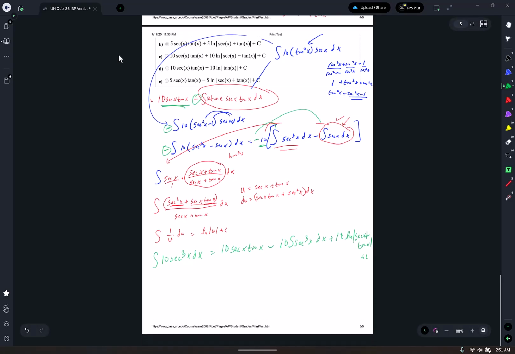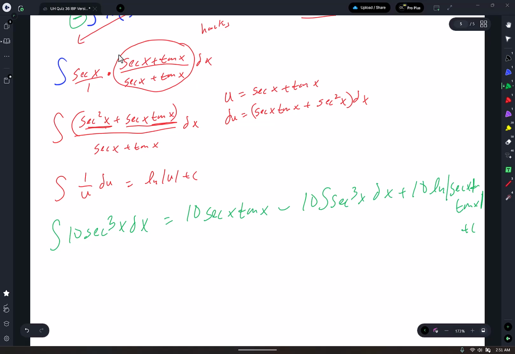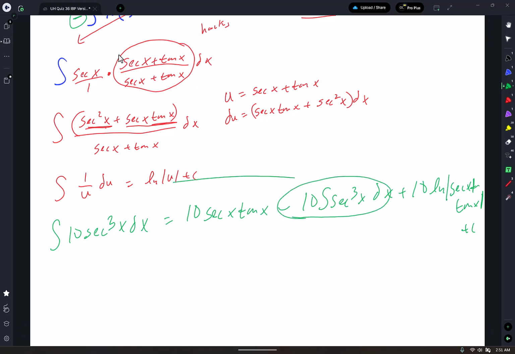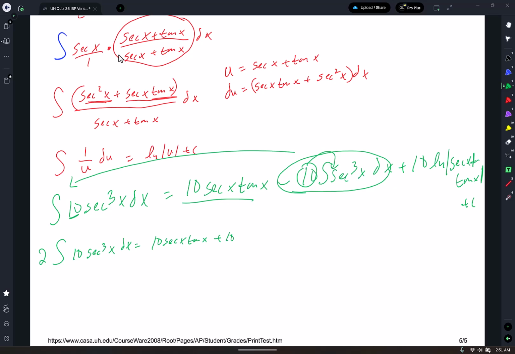All right, so let me zoom in. I'm going to send this guy over here. So you can put that 10 on the inside there. Now you're going to have two of those, just like before, right? 2 of the 10 secant cubed x dx equals 10 secant x tan x plus 10 ln absolute value of secant x plus tan x plus c.